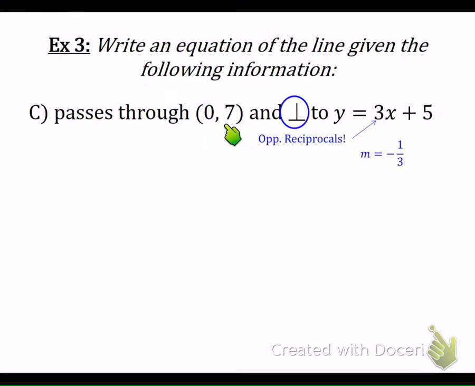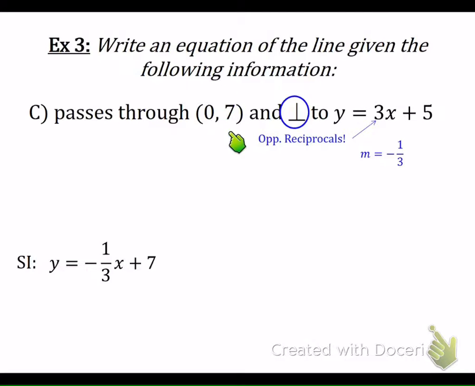I'm looking for my b. So I usually use an x and a y pair, but why do I not really need to this time? Because the x is 0. What did you learn yesterday when the x value is 0? This is b. This is the y-intercept already. So we already have the b.